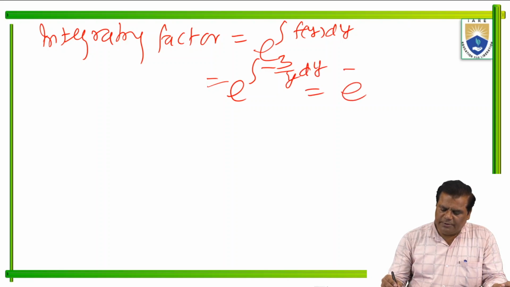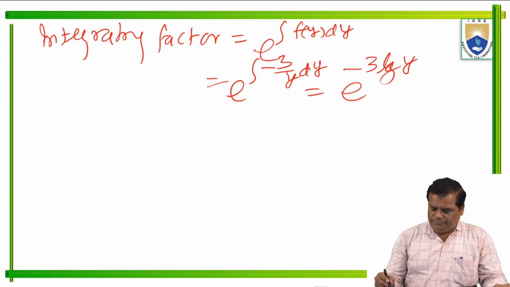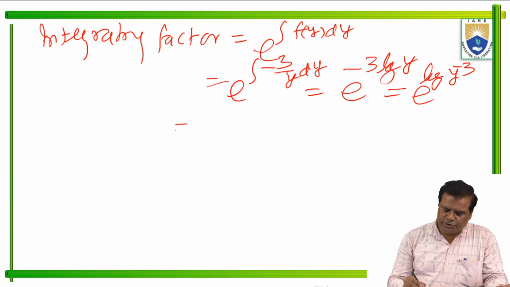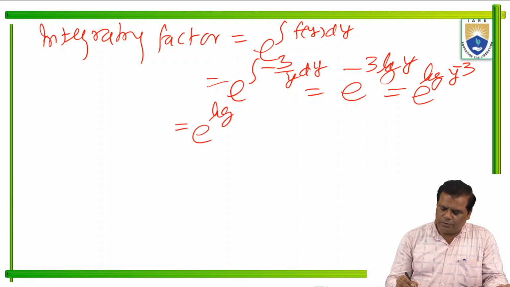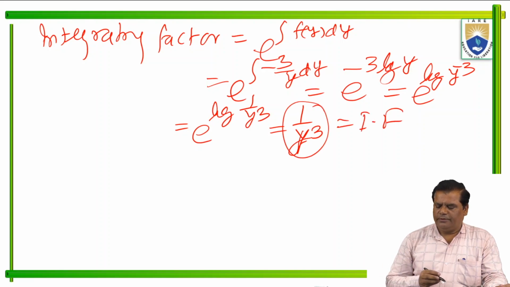So e to the power minus 3 log y, which equals e to the power log y to the power minus 3, equals e to the power log 1 upon y^3. So this equals 1 upon y^3 only. This is the IF, the integrating factor.